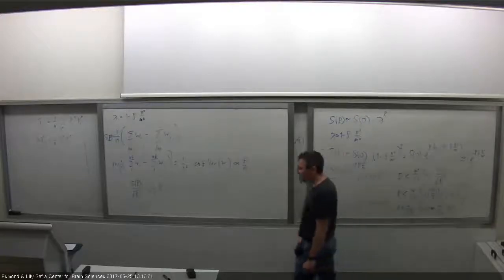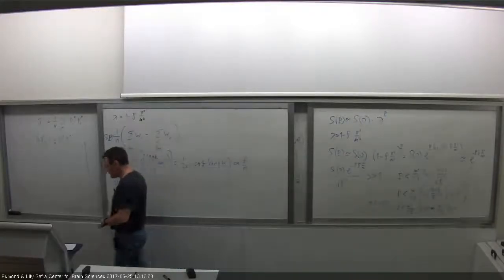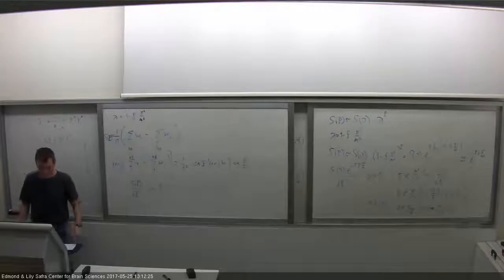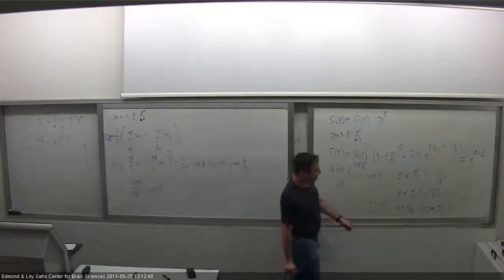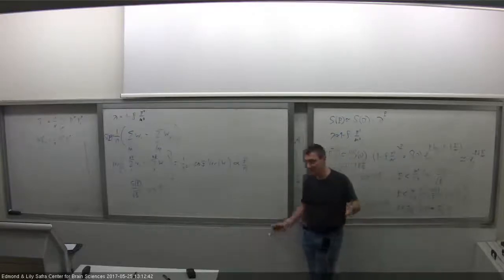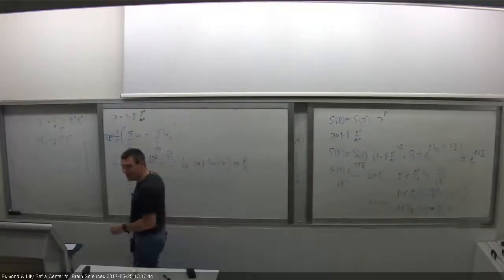So it turns out that if you scale f with the size of the network, you can gain and reach capacity which is of order square root of the number of neurons, which is a big improvement over log n, but still a much smaller number than n.